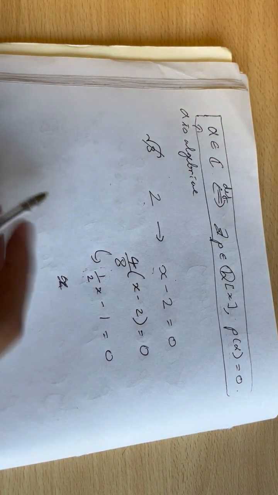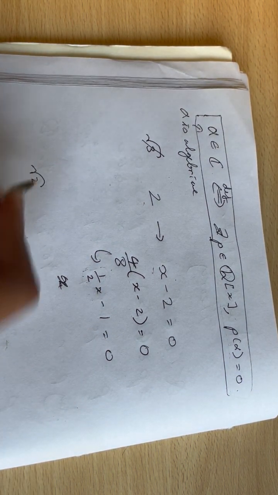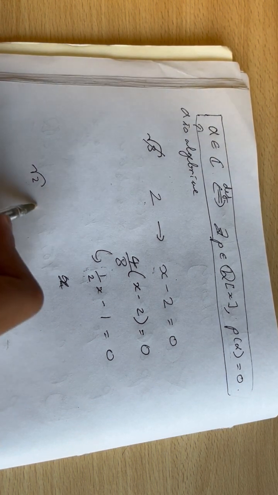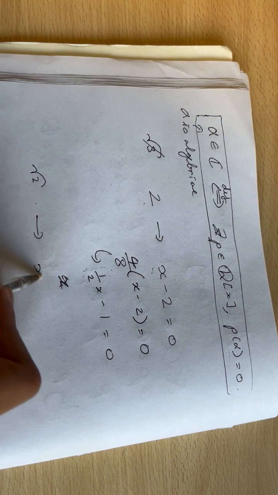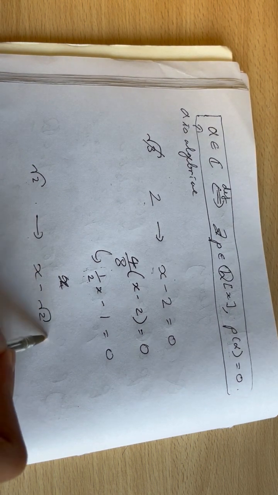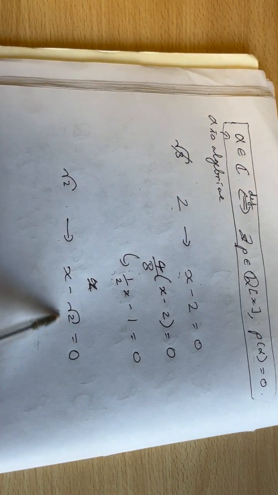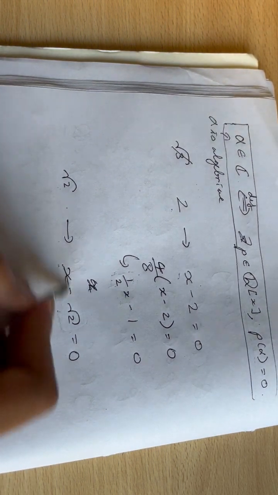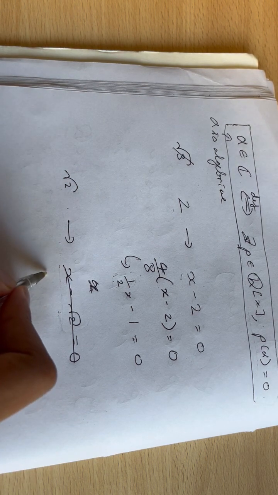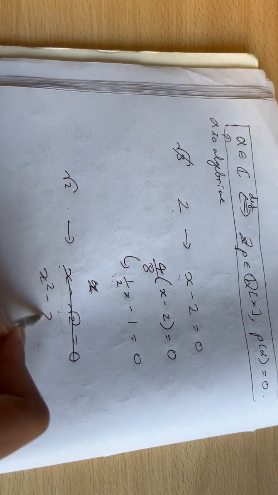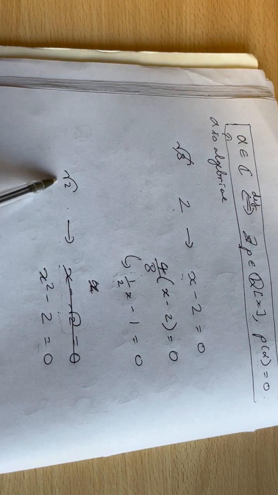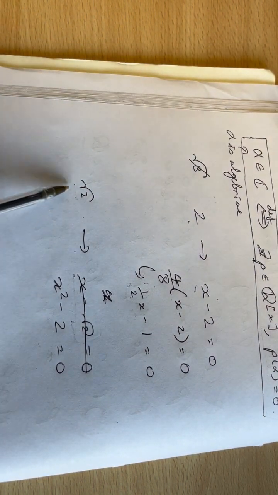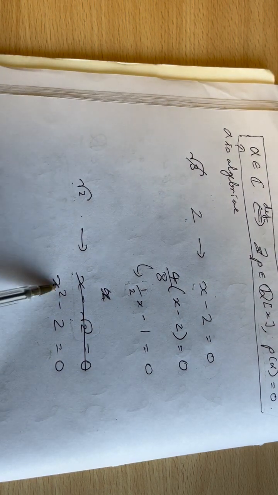Looking at another example, the square root of 2 is algebraic, but you can't say it's algebraic because x minus square root of 2 equals 0, because square root of 2 is not rational, so this is not a rational polynomial. But it is algebraic because x squared minus 2 equal to 0 has square root of 2 as a root. You can check that by the definition of square root of 2: if you square it, you get 2.